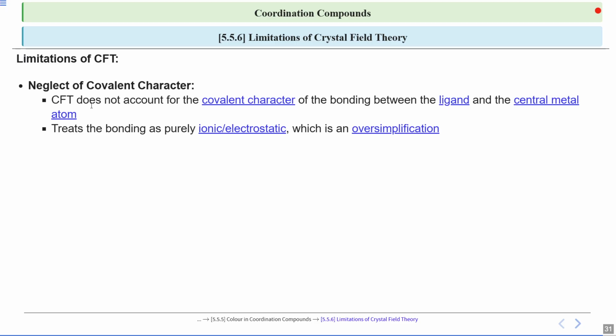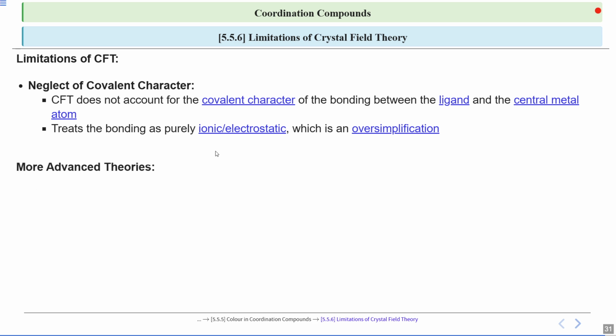Crystal field theory simply says that the bonding between the ligand and the central metal atom is purely either ionic or electrostatic. It simplifies the bonding into only one term. It doesn't account for the covalent character between the ligand and the central atom. It doesn't explain anything about that.